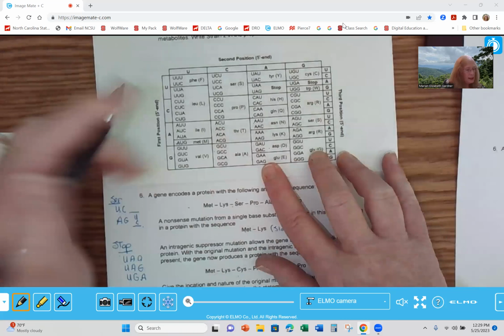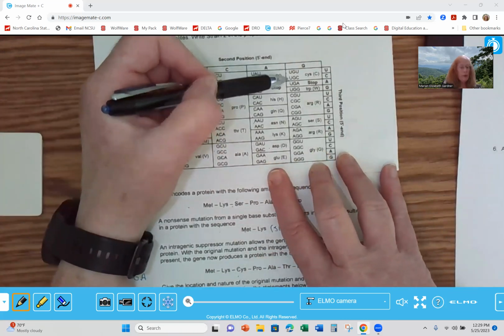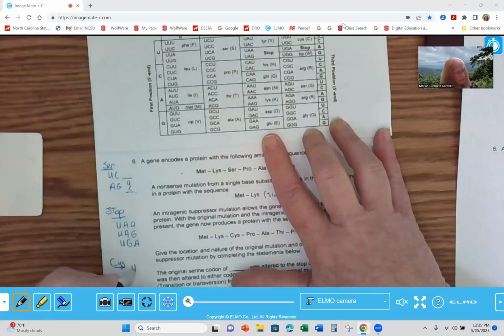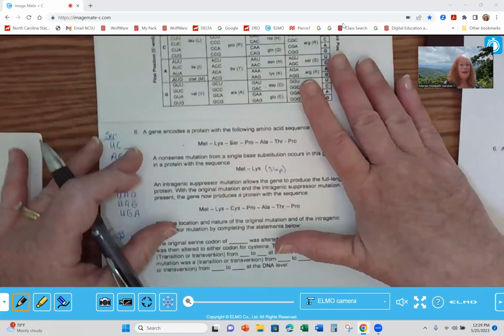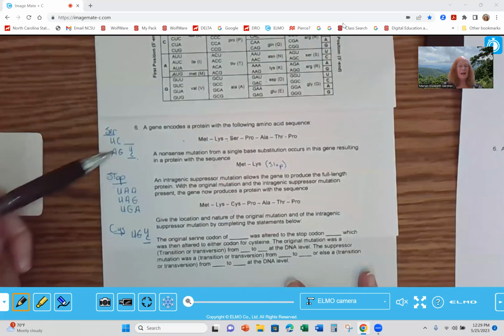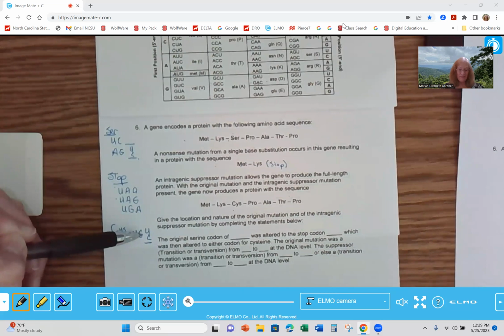Cysteine is over here, UG, either U or C. So the question is, how did we get from one of these codons to one of those codons, only changing one base, to one of these codons?